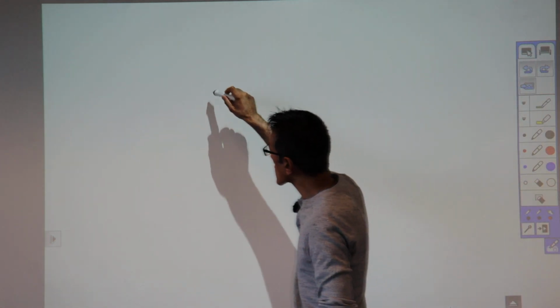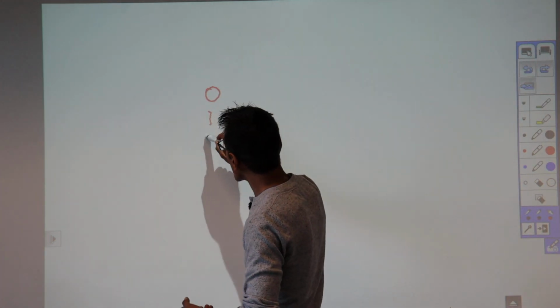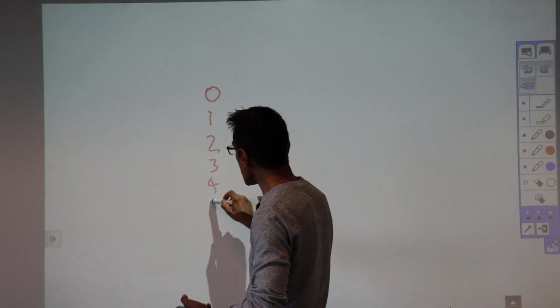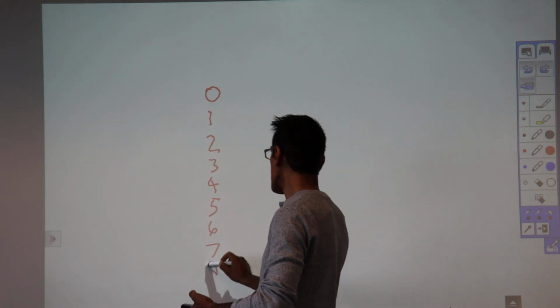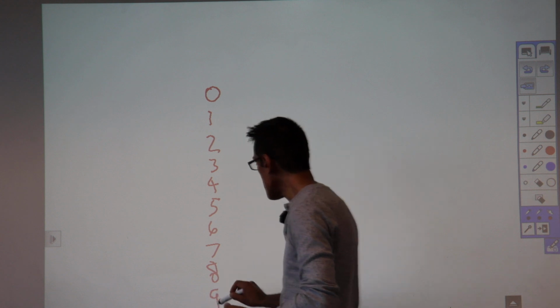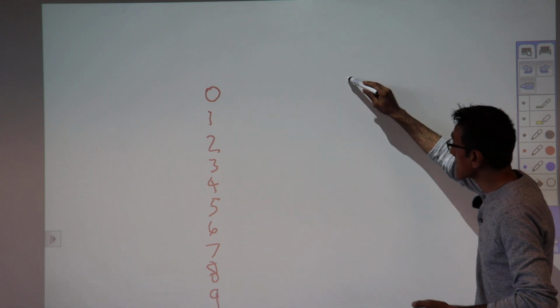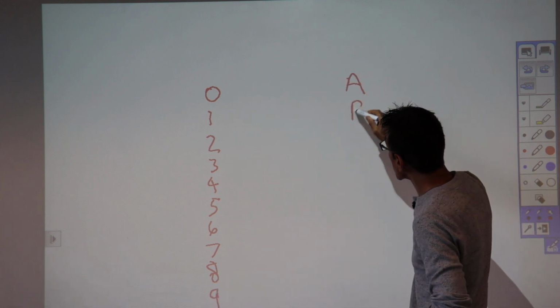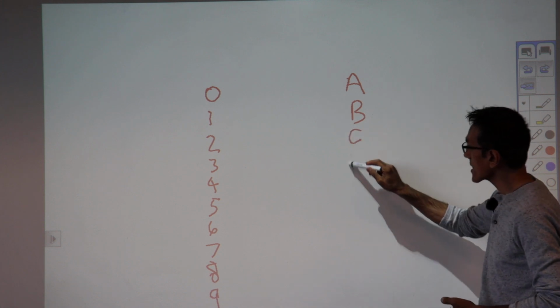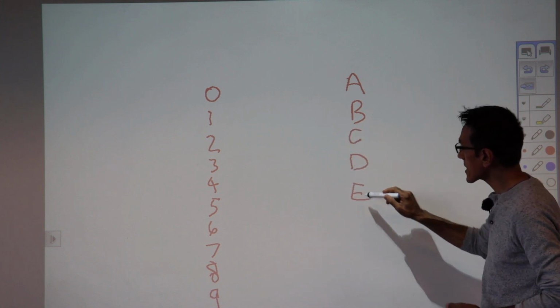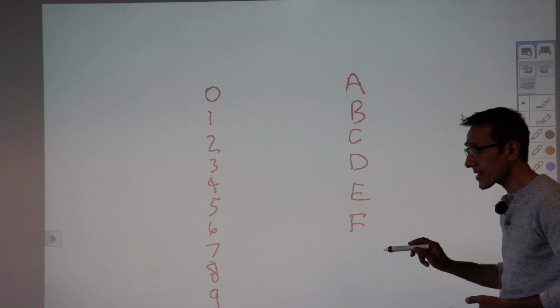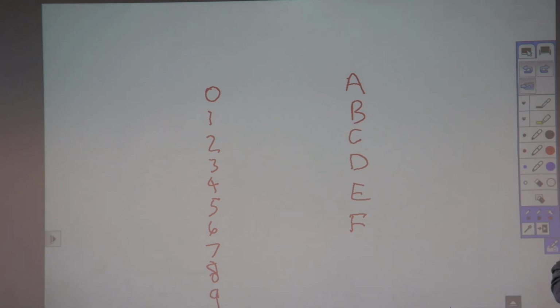The symbols that are used in base 16 are 0, 1, 2, 3, 4, 5, 6, 7, 8, 9, and A, and B, and C, and D, and E, and F. There are our 16 symbols.